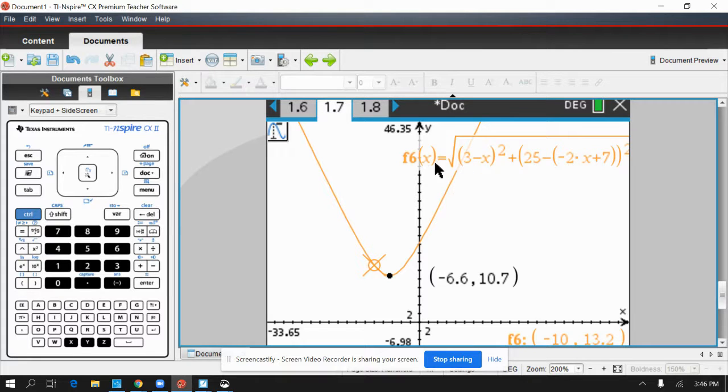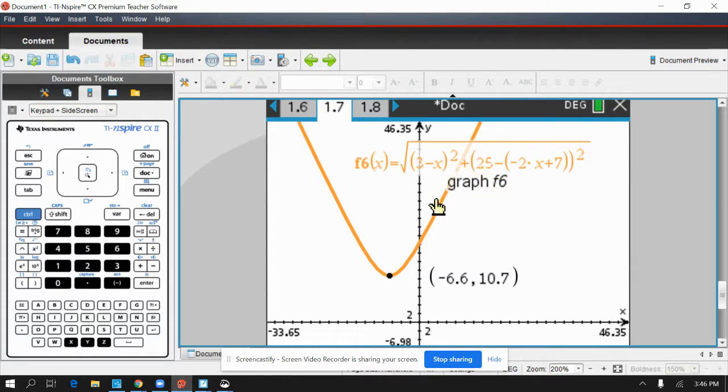Okay, so here is that equation, that function. It's important to note this is the distance. It is the distance between the ordered pair (3, 25) and my line. It is not a parabola, even though it kind of looks like one. All the y values are distances, and I want the smallest distance, which is the minimum.